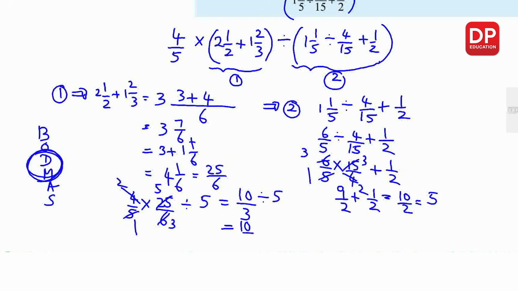So you take the first fraction as it is multiplied by the reciprocal of the second one. So what's the reciprocal of 5? 1 over 5. Can we simplify further? Yes, here we can see 5 and 10, and 2 times 1, 2. So the answer is 2/3.